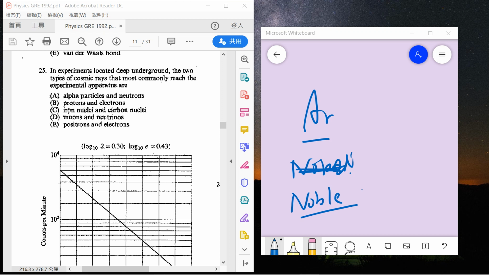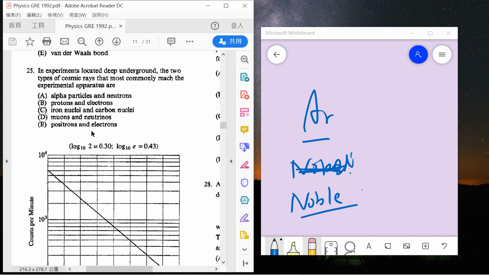The reason is that in order to go deep underground, the particle needs to be small and have high speed. Alpha particles, neutrons, protons and electrons are too large, and the neutrino is very small. So what we choose is muon and neutrino. So if you follow the physics news, you should know the answer is D.